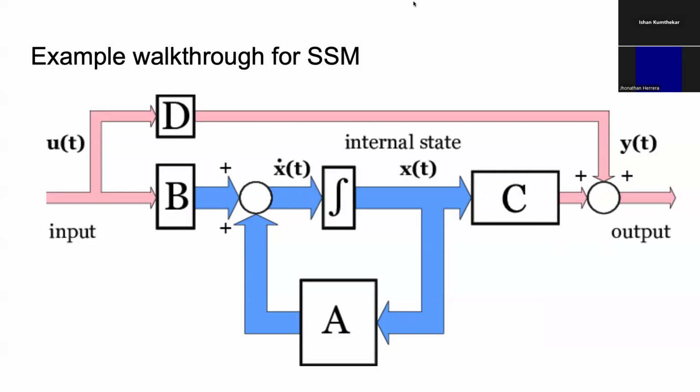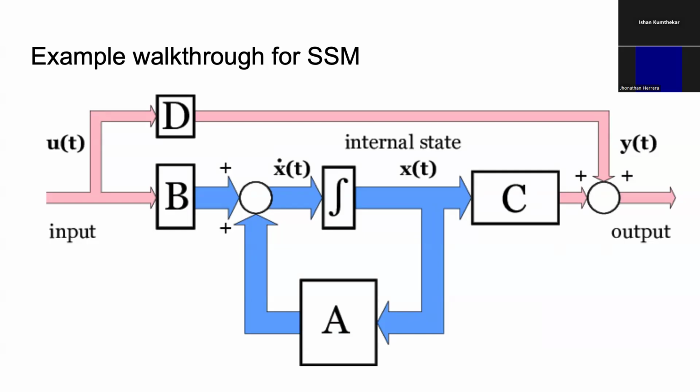This output will be multiplied by the output matrix, and that will be your y. You keep doing this for every single state you're in. So if there are 100 states, those will run 100 times linearly.